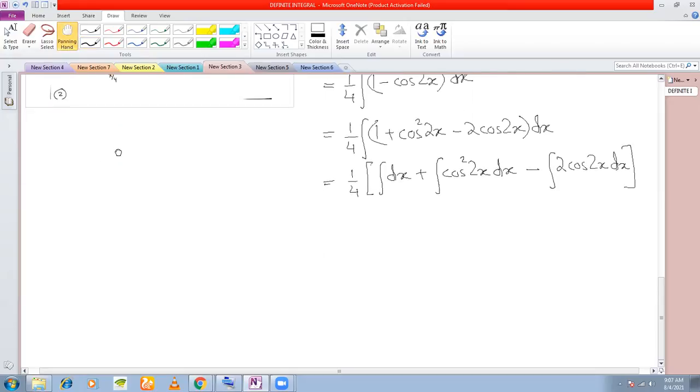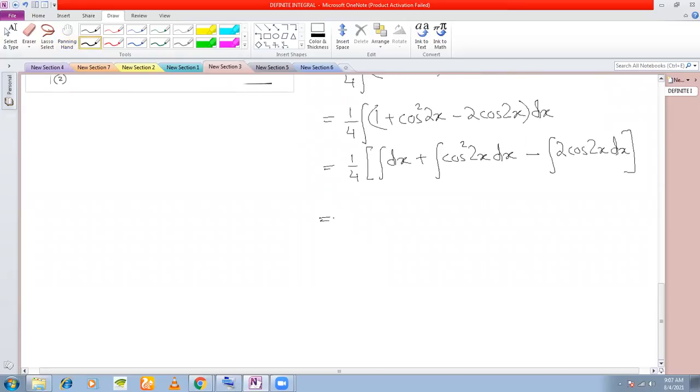One fourth, integral dx is simply x. Now in order to evaluate this integral, again what we do, we take a half outside the integral and write this as 2 cos square 2x dx. And here we can take 2 out, write this simply as cos 2x dx.